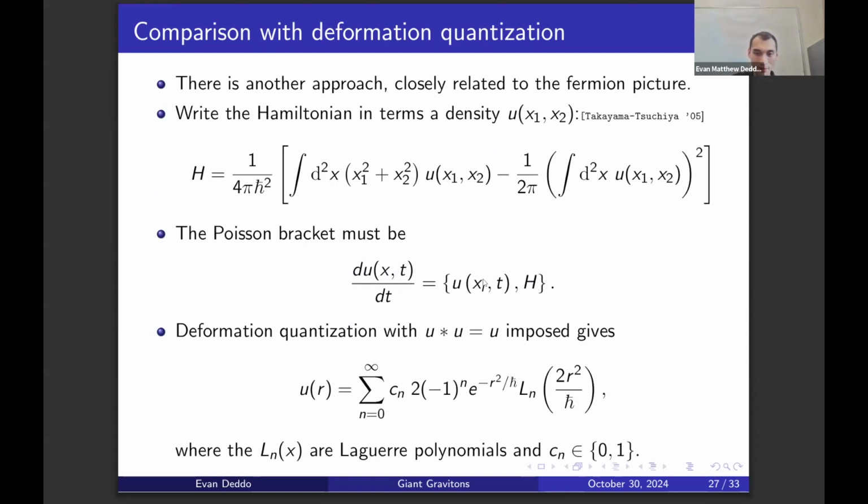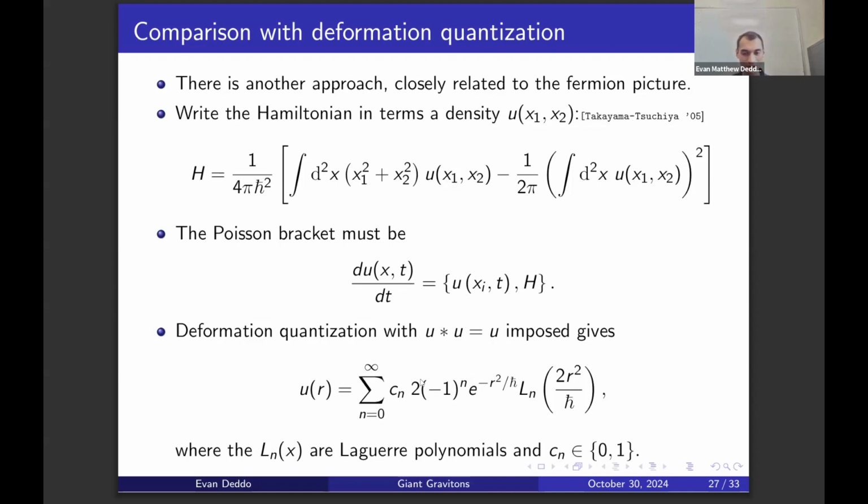And then we can promote this u to an operator. Think about the expectation value of this u density for states, and we find that the expectation of u takes this form. So this is a sort of quantized density for the fermions in phase space.